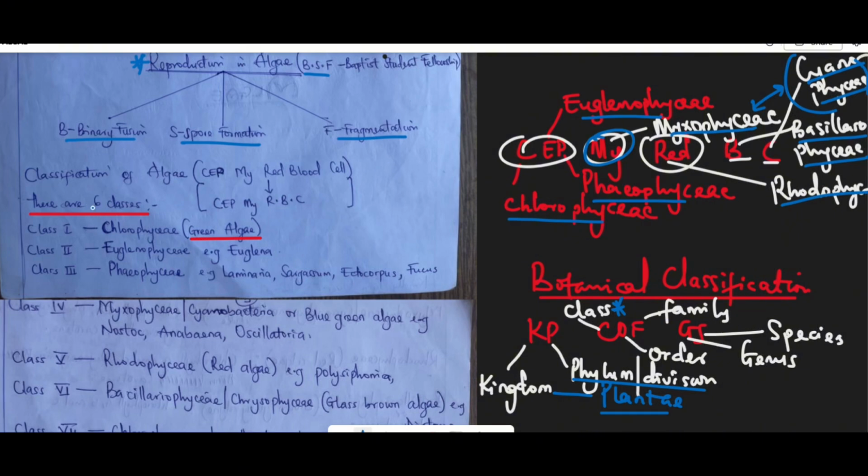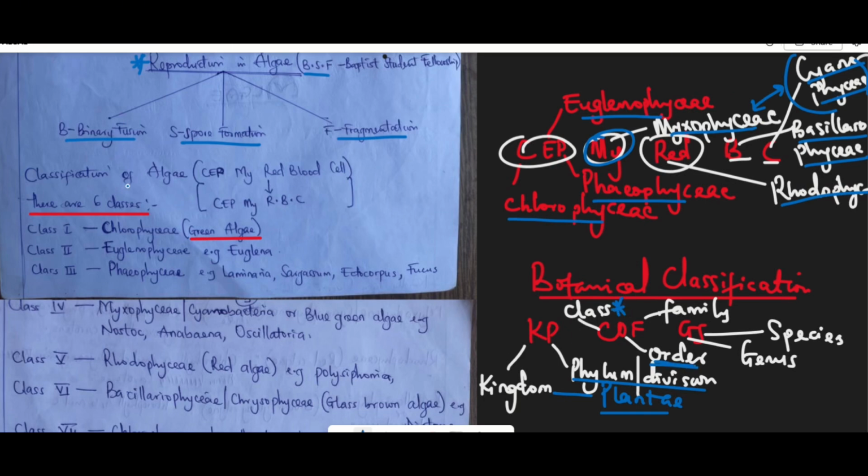And we now said that there are six classes in total. Does that make sense? We have Chlorophyceae, Euglenophyceae, Phaeophyceae, Mesophyceae, or what you call Cyanophyceae, then you have Rhodophyceae and Bacillariophyceae. That makes sense. Now, once you pick a class, you can further divide it into orders.